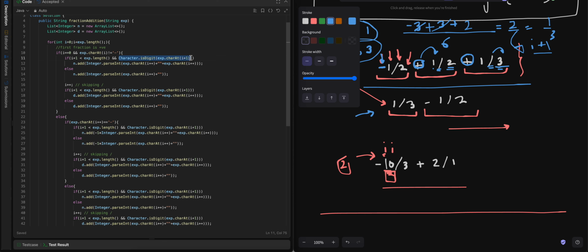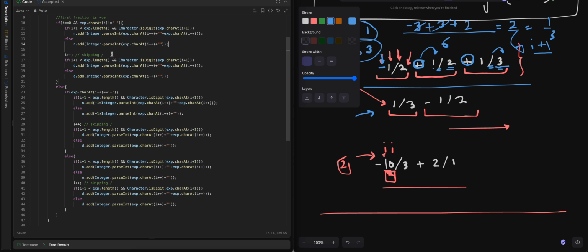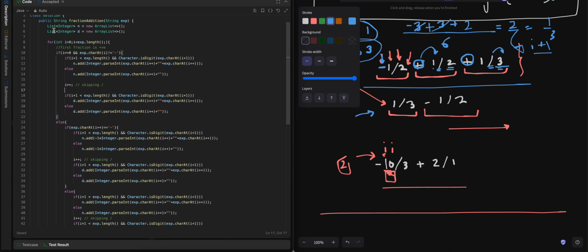If that is also a digit, we will add it to the numerator as 10. For all the rest, it will be a single-digit value that we add in the numerator. Then here we are doing i plus plus, because we are skipping the divide symbol.